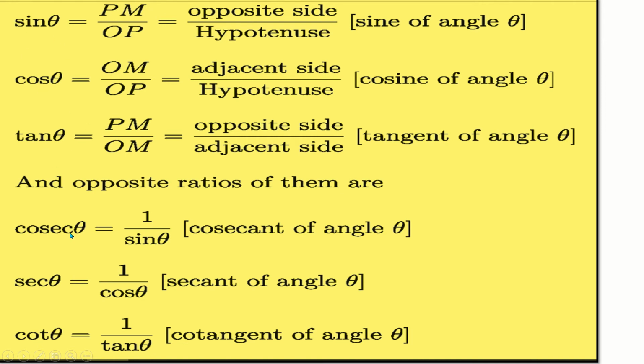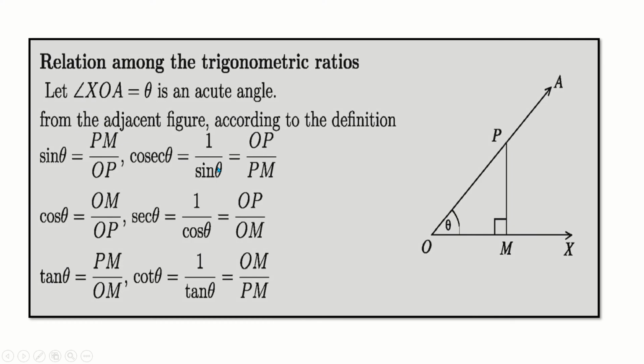Cosec theta is equal to 1 by sine theta, and sec theta is equal to 1 by cos theta, and cot theta is equal to 1 by tan theta. You have to remember this. These are known to you because we had already discussed this lesson.